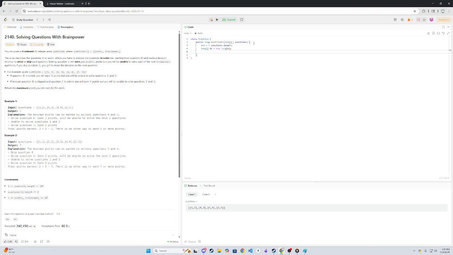And because we shouldn't have any negative scores, I'm pretty sure if we keep it as 0 it should be fine. So let's just say for i equal n, i is greater than or equal to 0, i minus minus.